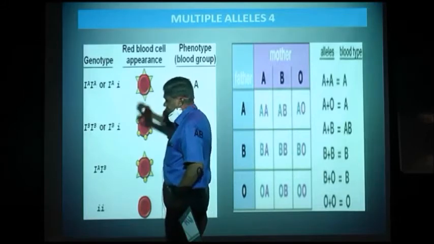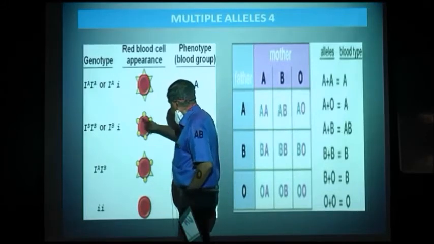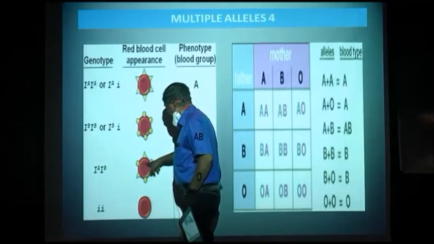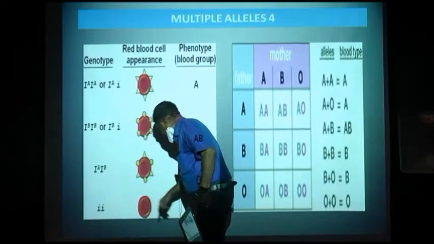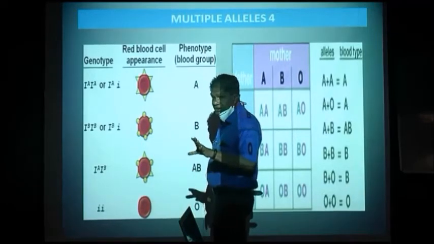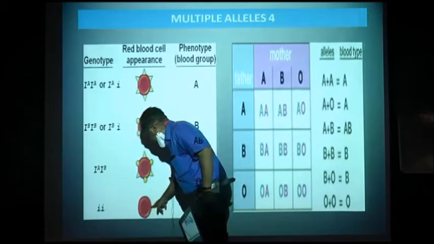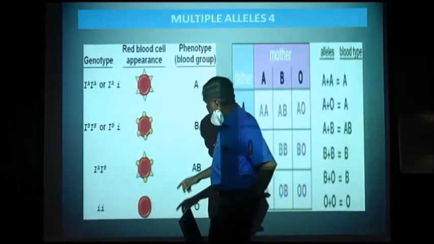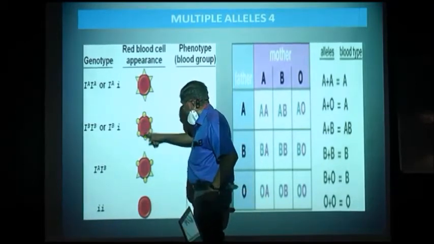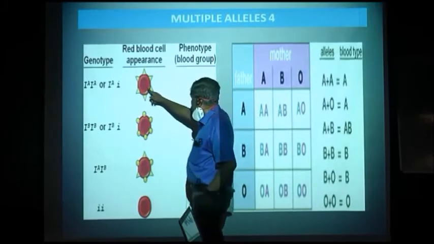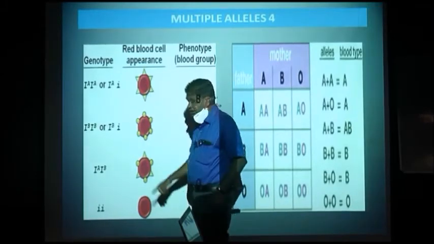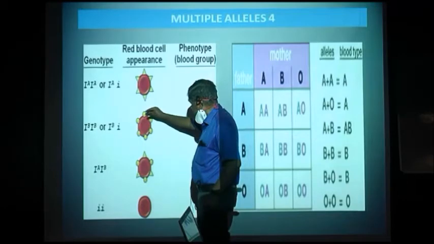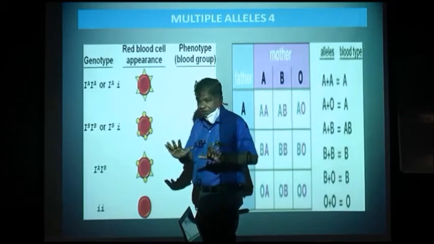In this case, this is the blood cell, the RBC. Here the RBC has nothing attached to the surface, but if you look at these three, here a triangular thing is attached and here circular things are attached. It is only representative.